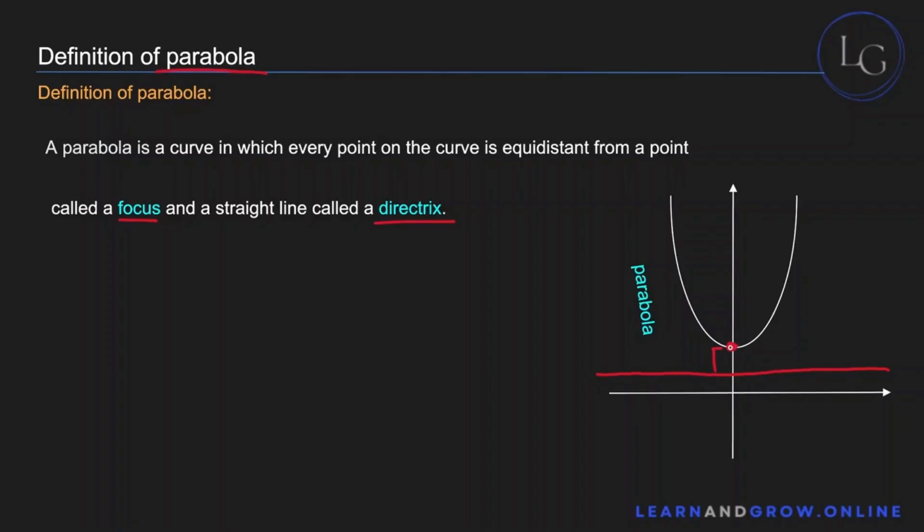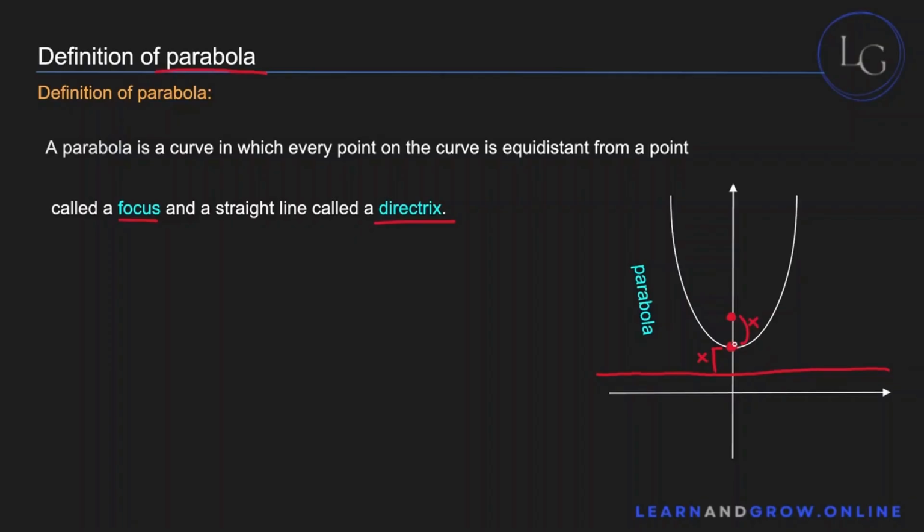You draw a point above the extreme point in the same length as the distance from this minimum point to the directrix. Let's say this length is x. So you draw a point with the same length over here. This point also has a length of x.